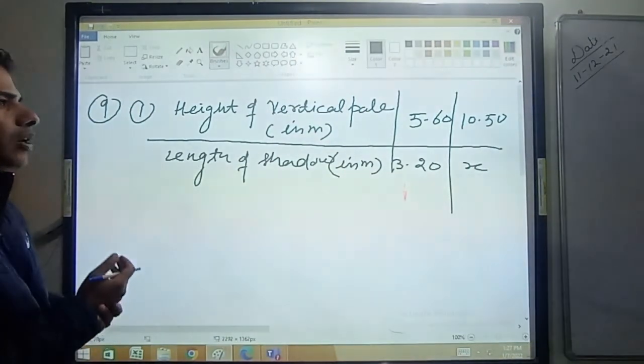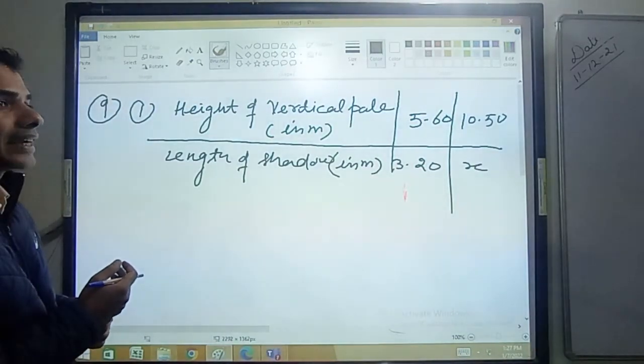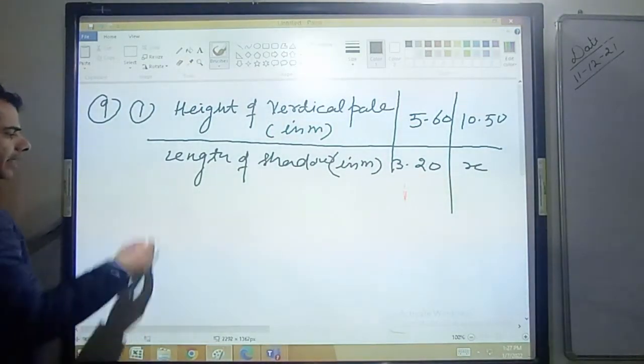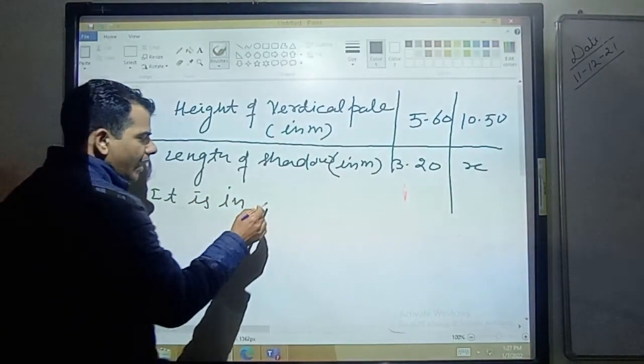It means both values will be increased. So it is in direct proportion. Yes, sir, in direct proportion.